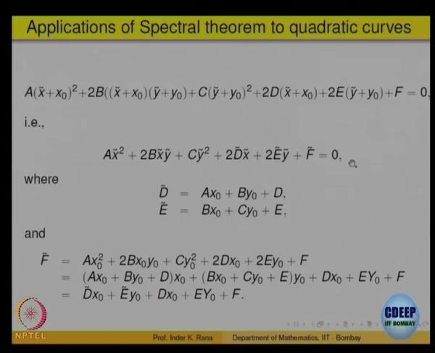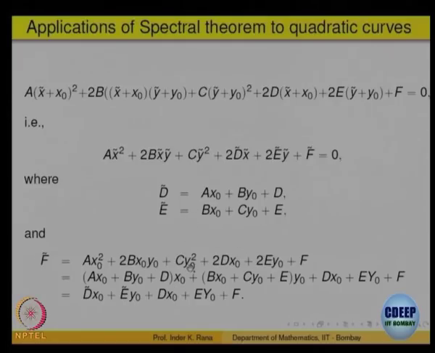So, what do we want now? In this transformed equation, I do not want the d to appear, right, I do not want e to appear, right. I want them to be equal to 0, that means this is d tilde, this is e tilde, I want them to be equal to 0. So, let us see what conditions that puts on x 0 and y 0.